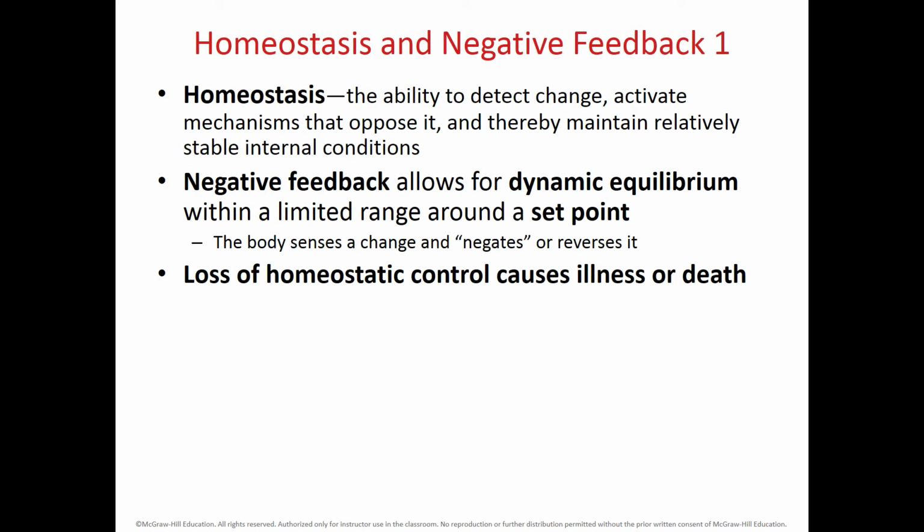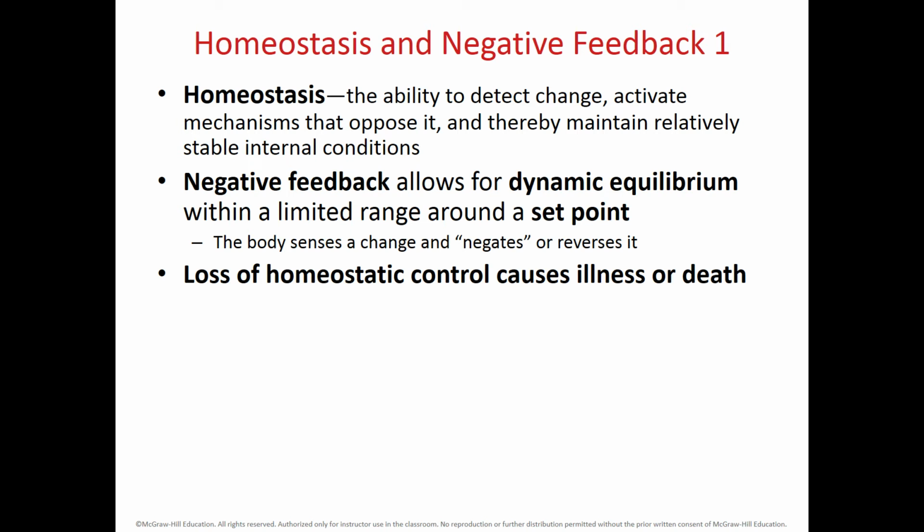Now in homeostasis, since you are trying to maintain an equilibrium or a stable internal condition, your body will be detecting changes in the environment, and it will be activating mechanisms to oppose drastic changes to maintain this healthy, stable internal condition. So you have something that's called negative feedback that allows for dynamic equilibrium.